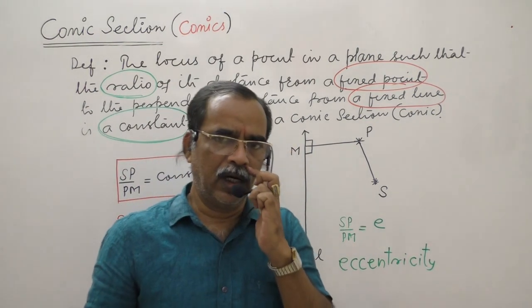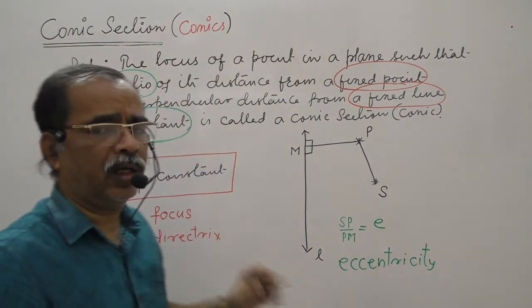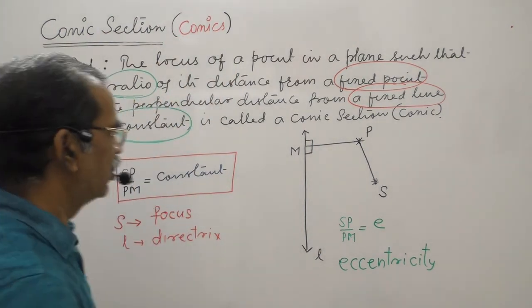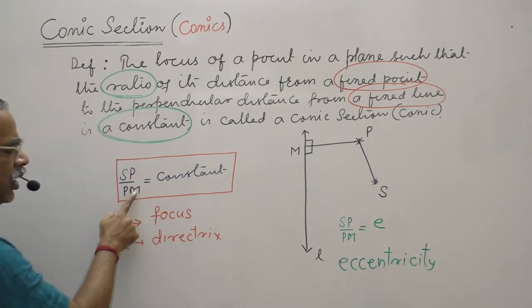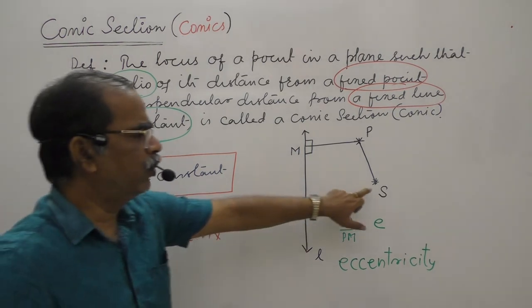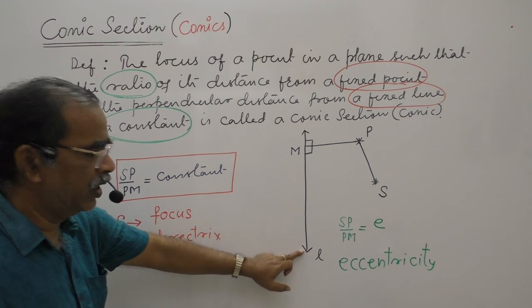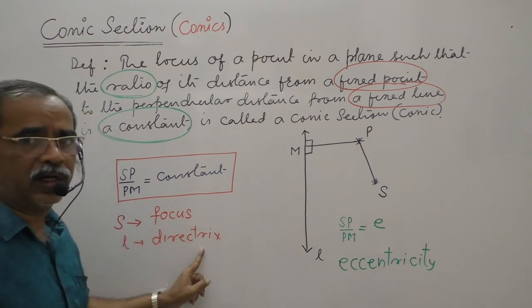So we have seen the definition. According to the definition, what is a conic? A conic is a locus satisfying the condition SP by PM equal to a constant. The fixed point S is called the focus. The fixed line L is called the directrix.